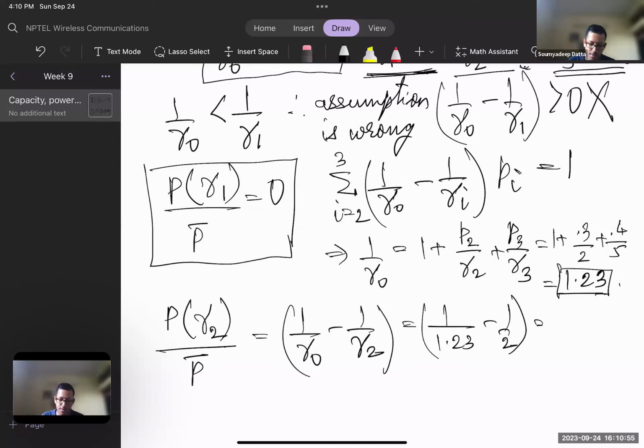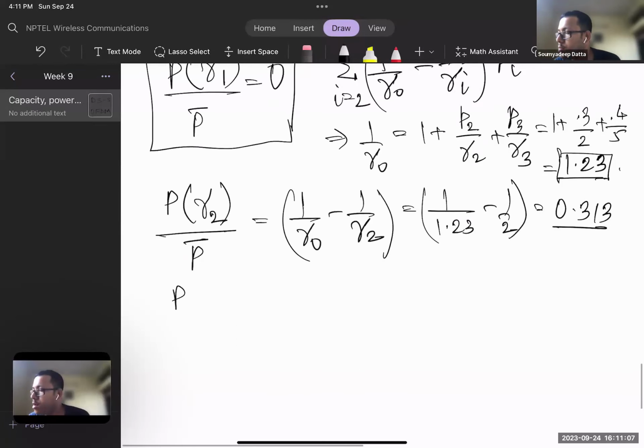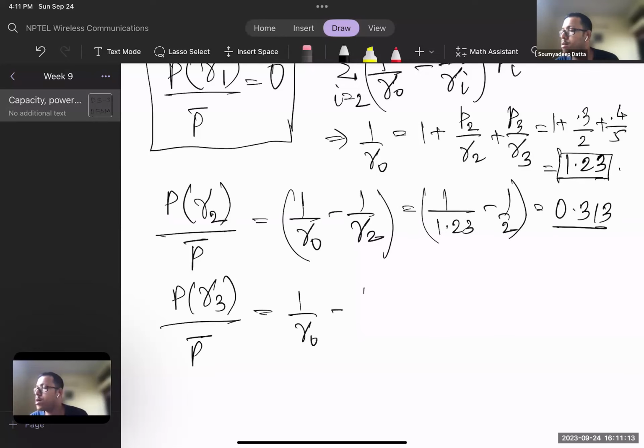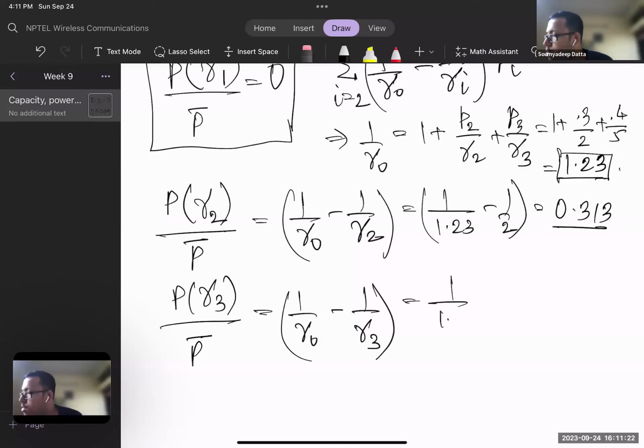That's how much? This comes out to be 0.313, right? And similarly, P of gamma 3 by P bar equal to 1 by gamma naught minus 1 by gamma 3, which is 1 by 1.23 minus 1 by 5, and this is greater than 0, so our assumption is valid.